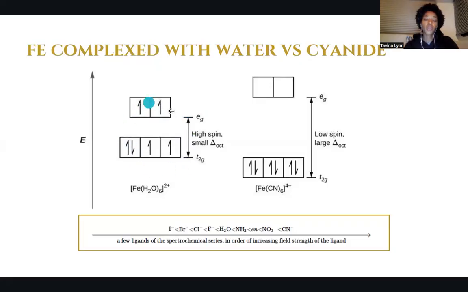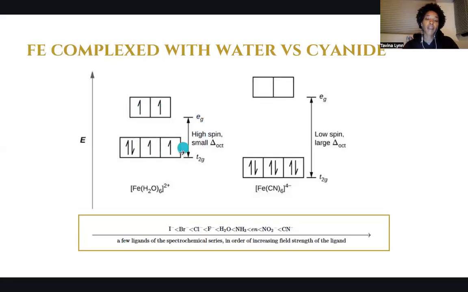So in a weaker field ligand, it turns out that the pairing energy is higher than the crystal field splitting energy. So the electrons are going to singly fill in every single d orbital of the T2G orbitals and E sub G orbitals before pairing.